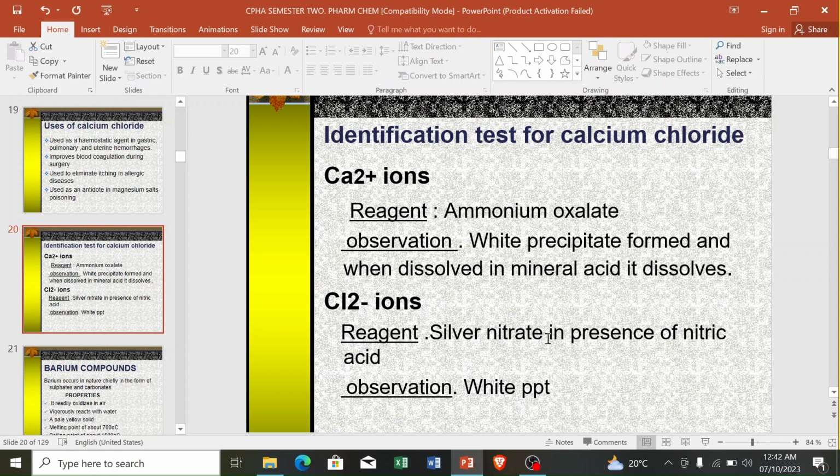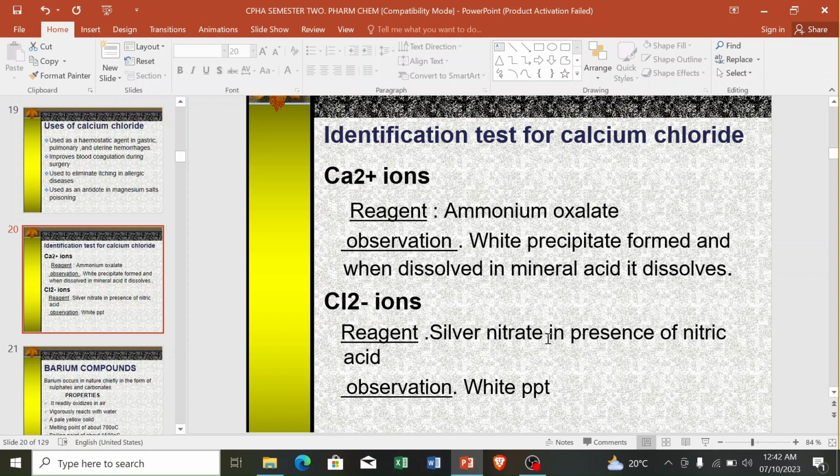We expect this white precipitate to dissolve in ammonium carbonate, as well as in ammonium hydroxide solution. When that happens, we confirm the presence of chloride ions.